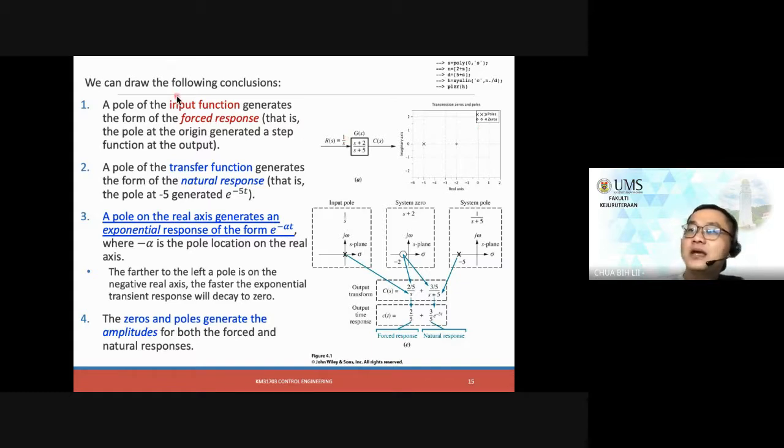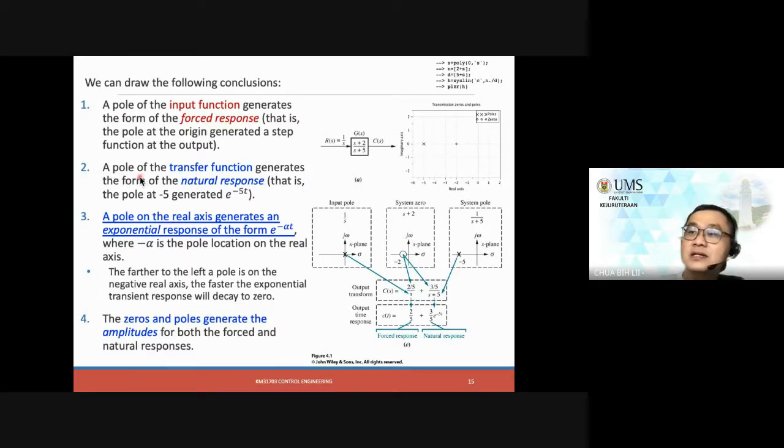So how can we draw conclusions? The pole of the input forms the forced response, the one responsible for the steady state.